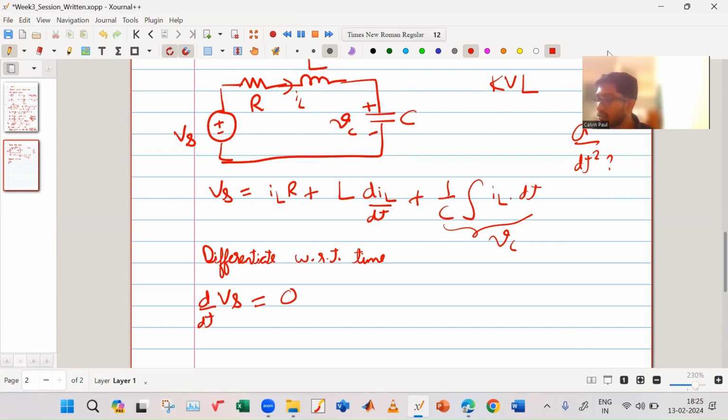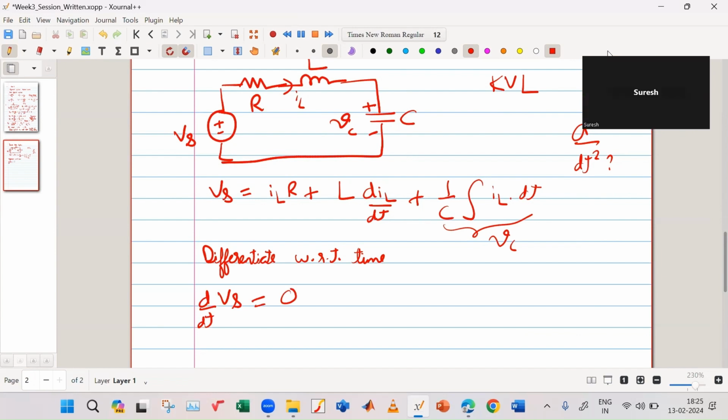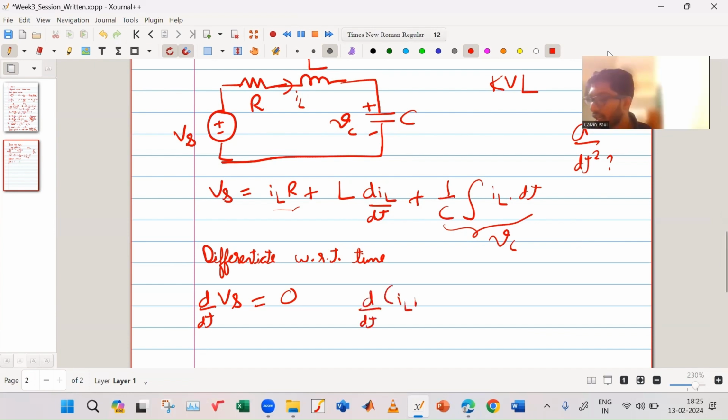Then what is d by dt of IL into R? Since R is a constant, it comes out, so it becomes R into dIL by dt.